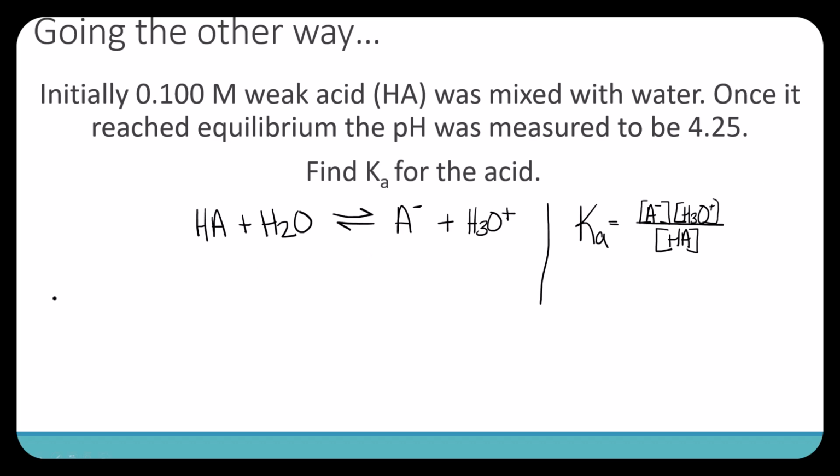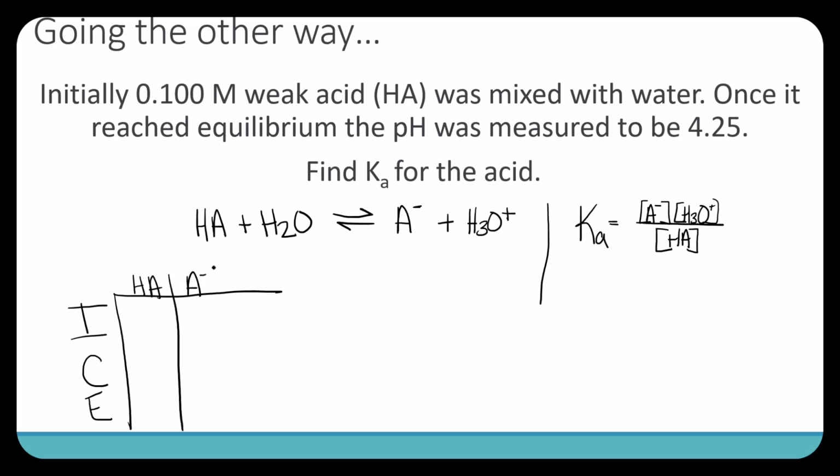All right, so we know it's a weak acid problem. We're going to need an ICE table, so let's go ahead and make that. And we've got our reactant, product, product.